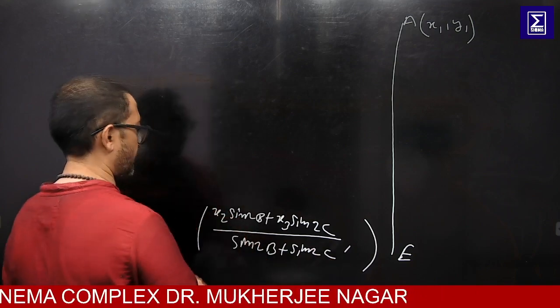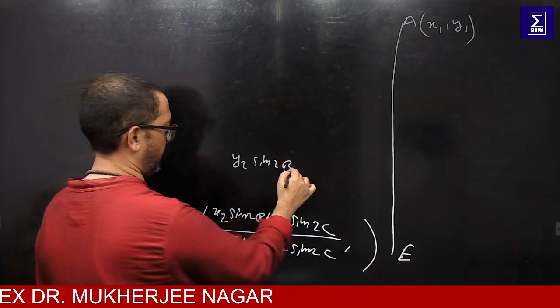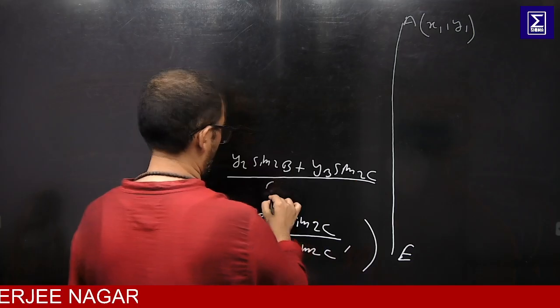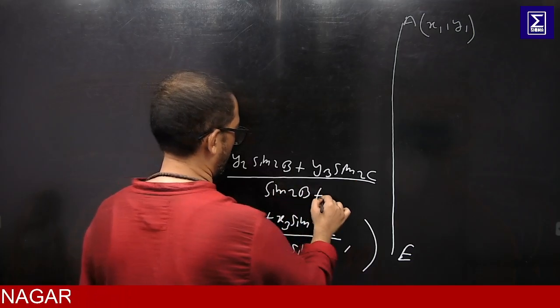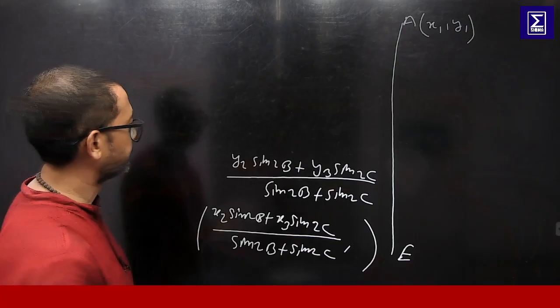This is the x coordinate. What is the y coordinate? y2 sin 2B plus y3 sin 2C upon sin 2B plus sin 2C. You can write also at the same time.